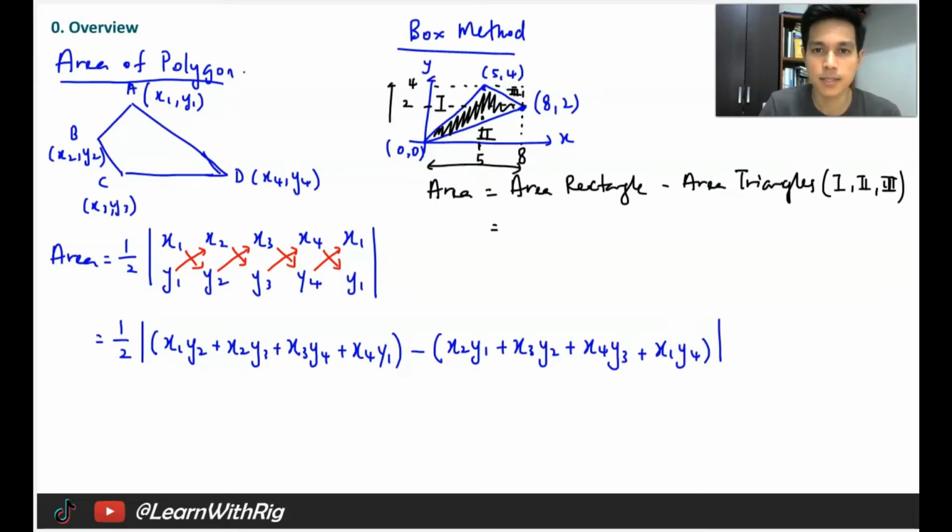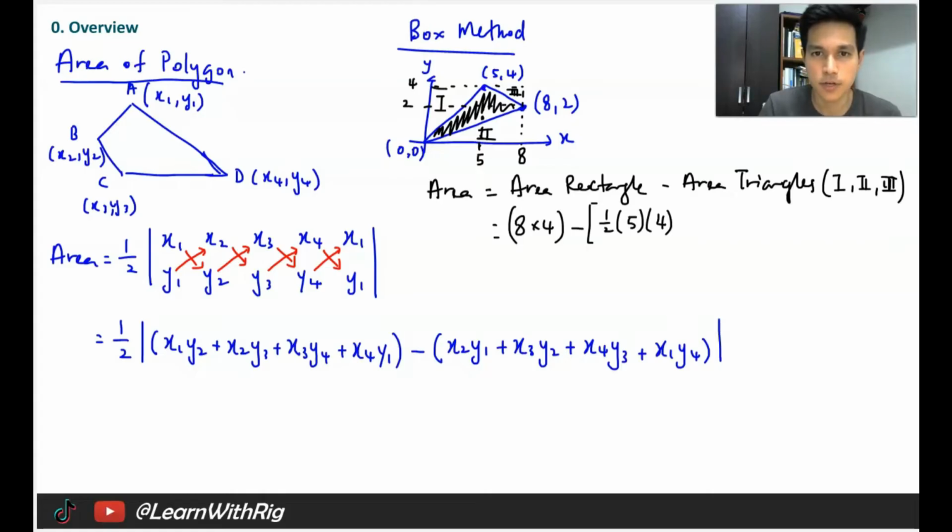So that means 8 times 4, correct? So you should get here 8 times 4 minus, so now you have 3 triangles here. The first one is 1 over 2 times, what's the base? The base is 5, correct? Times height. Height is 4.